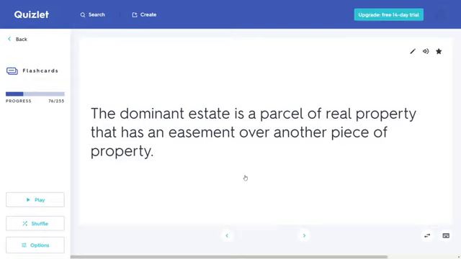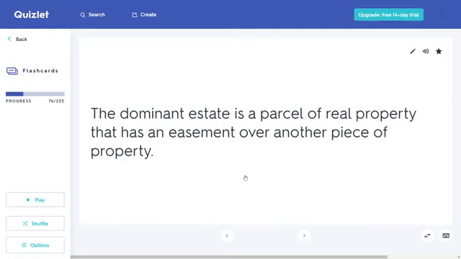So an example would be, this might be a little hard to explain, so bear with me. Close your eyes and kind of think it through. Let's say you live on the second story of a building, and you have an easement through the alleyway of another property to get to your property.